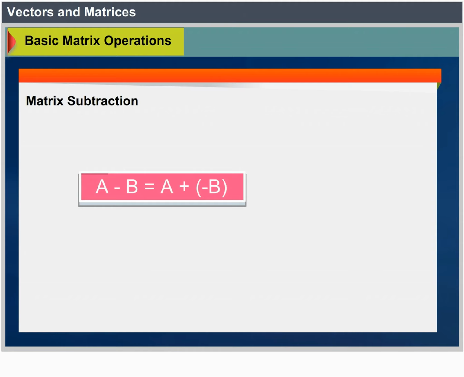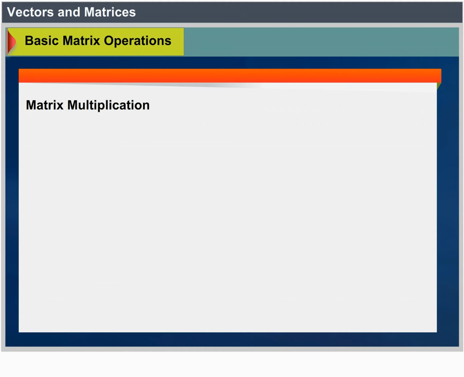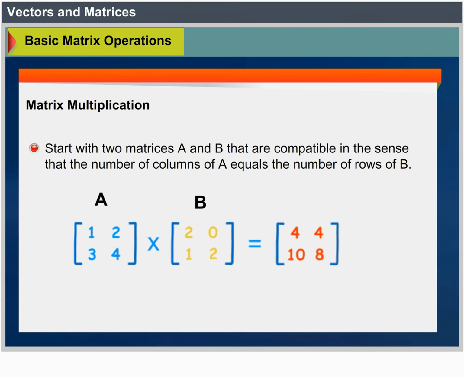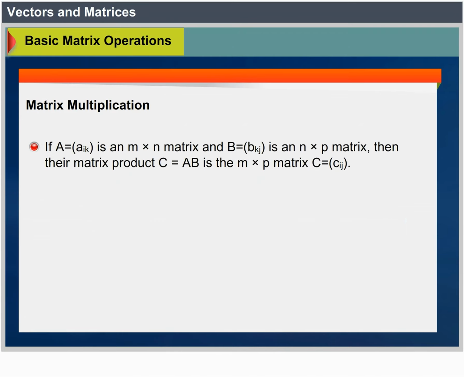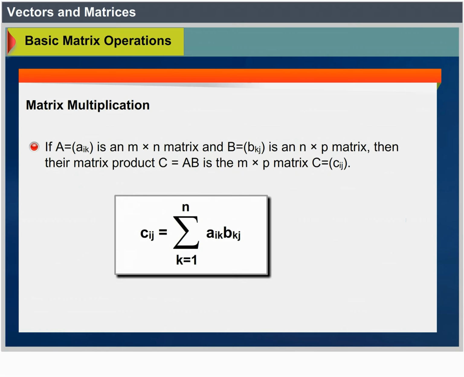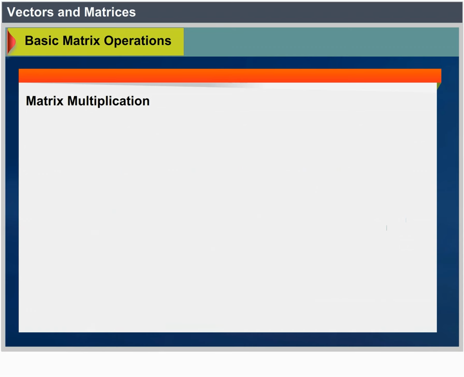Matrix multiplication. Start with two matrices A and B that are compatible in the sense that the number of columns of A equals the number of rows of B. If A equal to (Aik) is an m by n matrix and B equal to (Bkj) is an n by p matrix, then their matrix product C equal to AB is the m by p matrix C equal to (Cij), as shown here, for i equal to 1 to m and j equal to 1 to p.